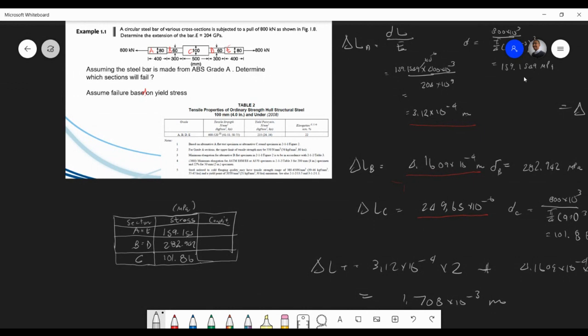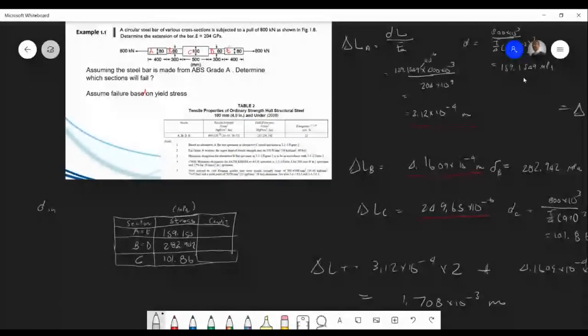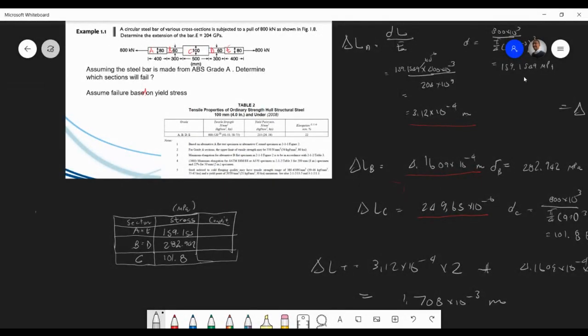So remember what I said: if your induced stress is greater than the allowable, or the yield in this case, since we're using yield as the failing criteria, it fails.